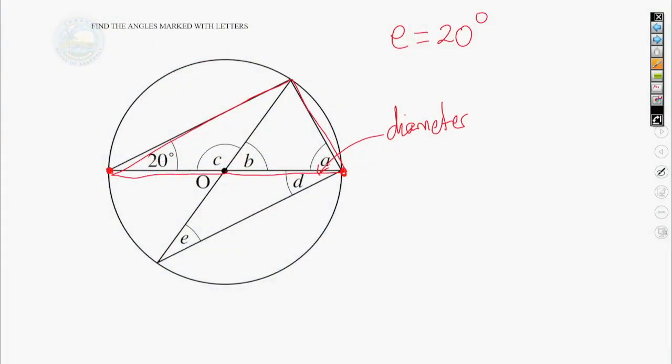What is the rule that involves the diameter? Well, if the diameter subtends an angle at the circumference, then the angle subtended at the circumference is equal to 90 degrees. And what shape is this again? This is a triangle. And what do we know about a triangle?